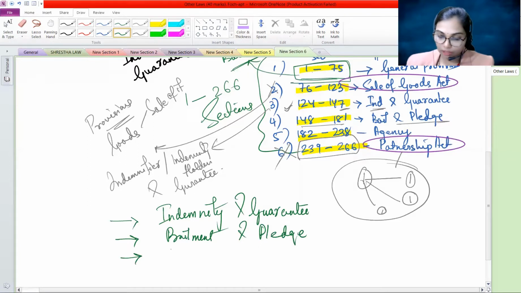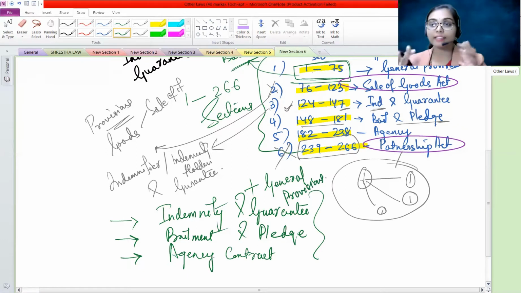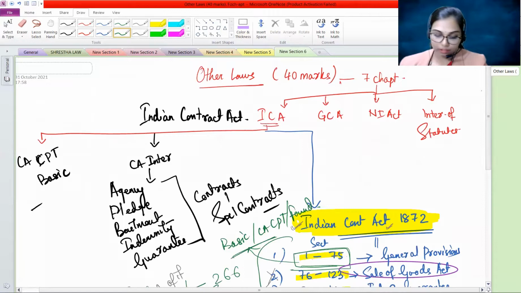The last is the agency contract. And one more you have already read, the general provisions. I hope you're getting clarity on what you have to read in this particular chapter. So let's go ahead and understand these particular things, that is special contracts. And in special contracts, what are the different contracts which we are reading?